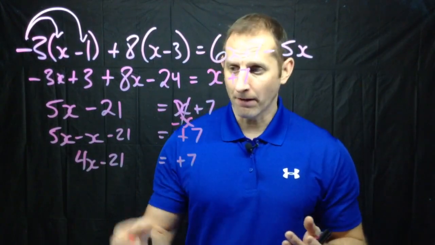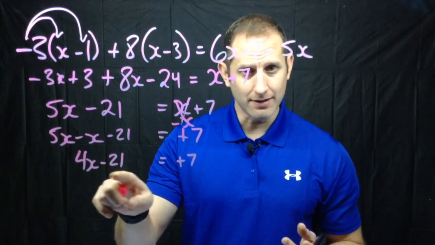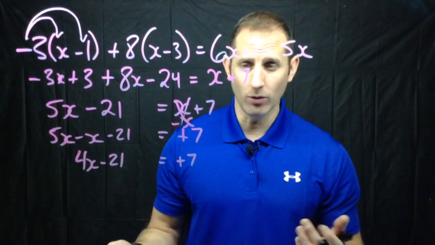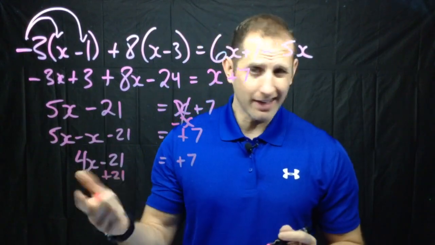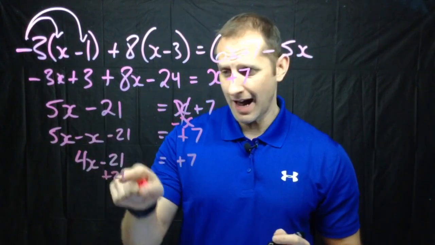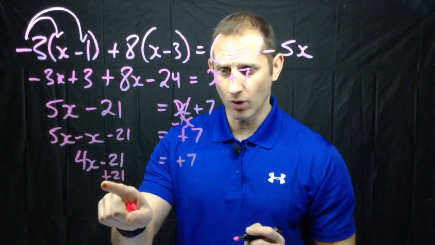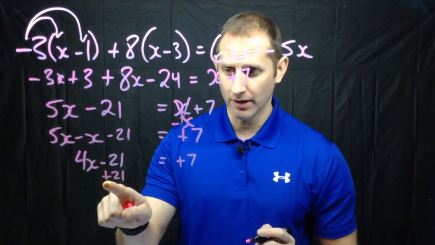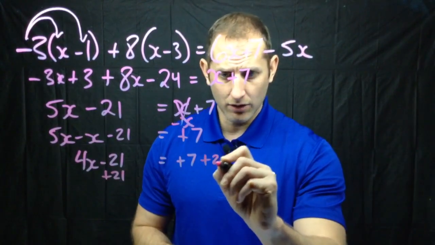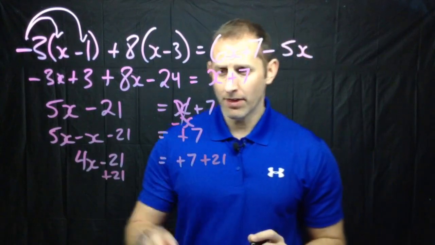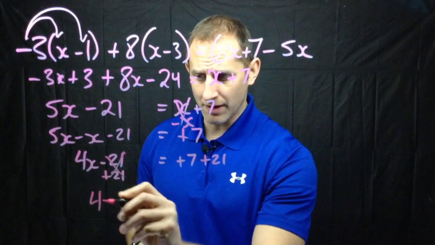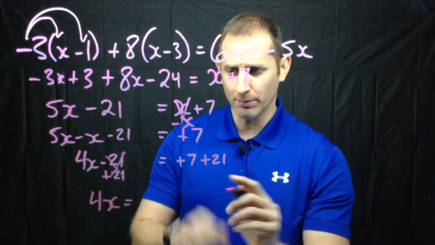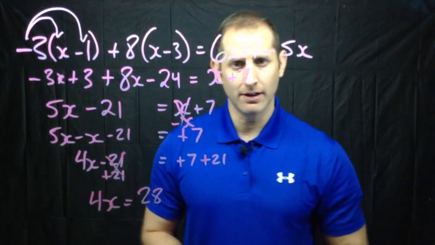Zero principle. I'm going to eliminate this negative 21, or zero it out, by adding 21. And much like I did with the x's over here, I have to move my 21 over to this side. So if I added positive 21 here, I have to add 21 to this side. That's going to cancel out this negative 21, and it's going to give me 4x is equal to 7 plus 21, which is 28.